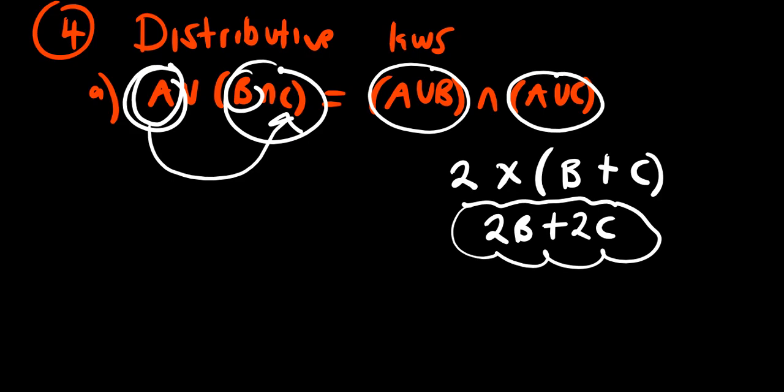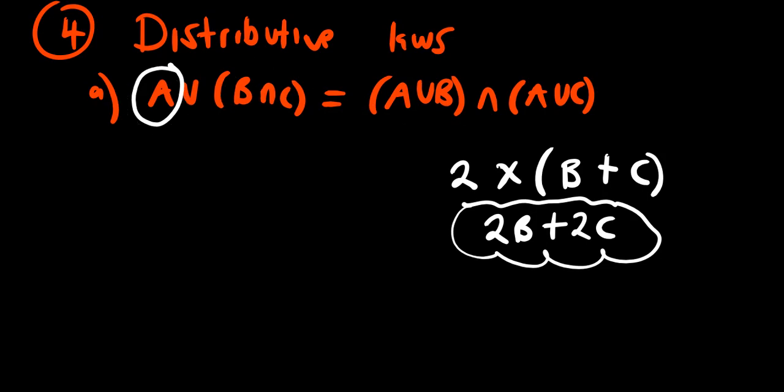Then there's an intersection between them. So that's the distributive law in terms of sets. Okay, very simple, right?